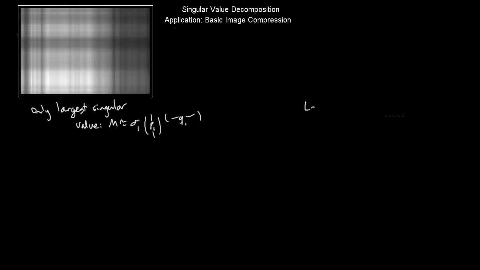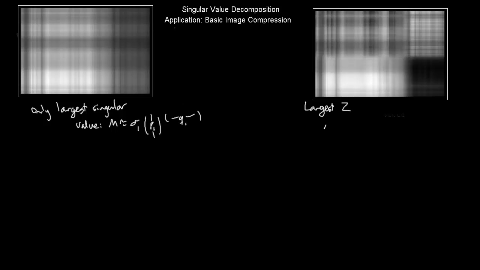So let's see what happens when you do this process. If you only take the largest singular value of the matrix, then you're approximating your matrix by just this rank 1 matrix, sigma 1 times the first column times the first row. It's not great, but it captures a lot of the largest play of light and shadow in the photograph.